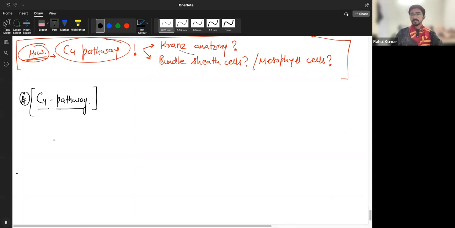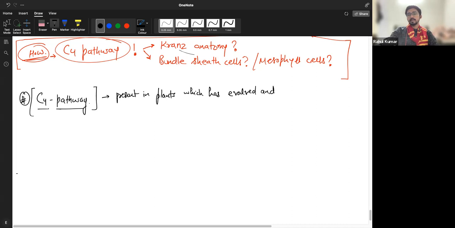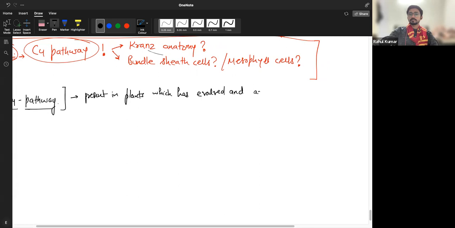Plants which are in dry tropical environments, write down: C4 pathway is present in plants which have evolved and adapted to dry tropical conditions. Okay.